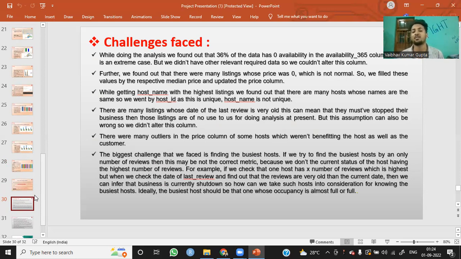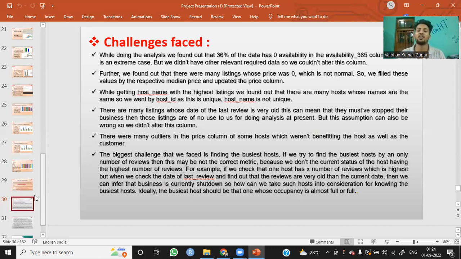The host may have stopped their business on Airbnb, which is why they have zero availability, or the host is so busy that he is available 0 days in the whole 365 days of a year.